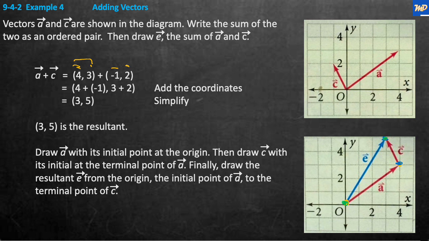So here's our vector going from the origin up to, let me see if I can draw it a little straight. There. So that's our vector now, and as you can see, it goes from the origin out to the point 3, 5.